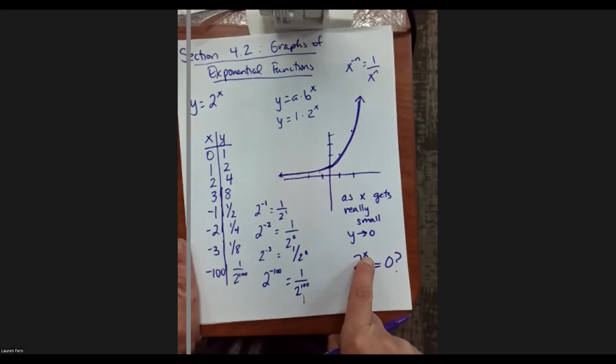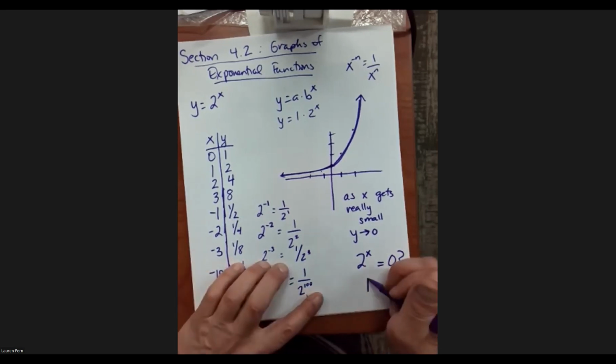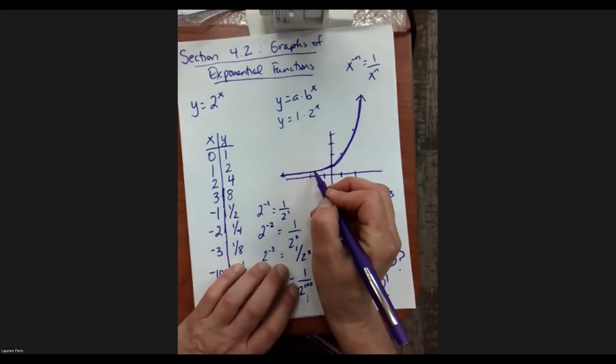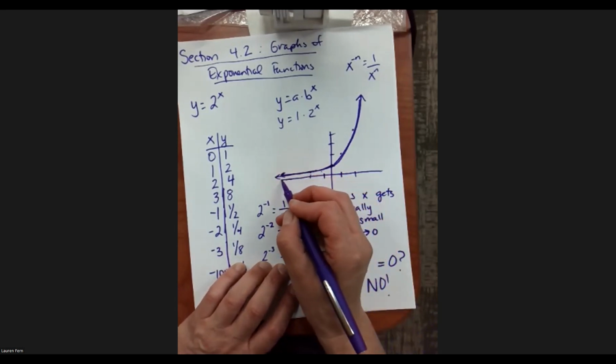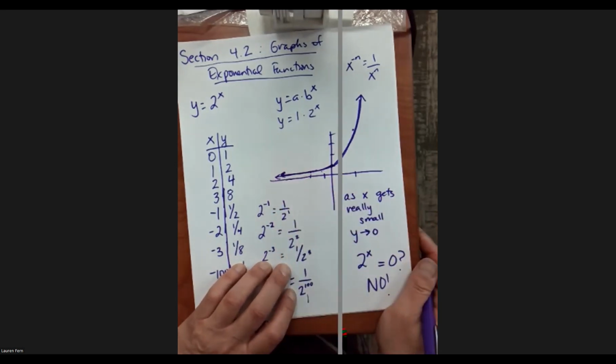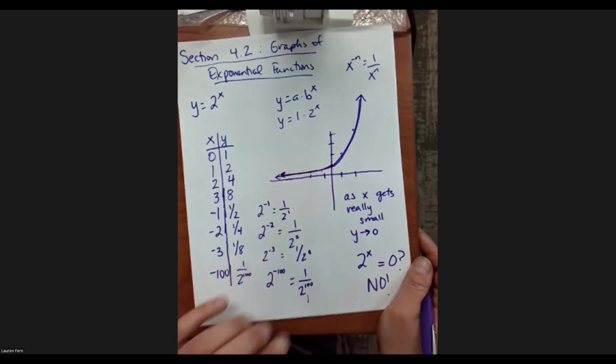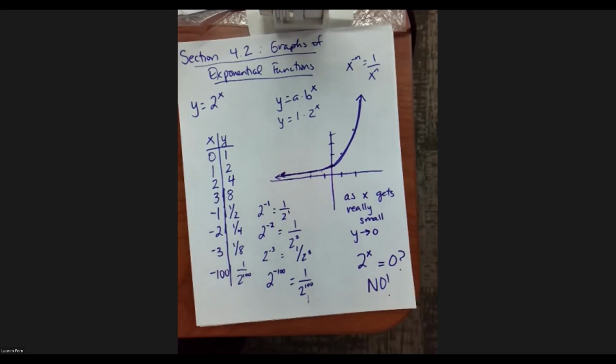It gets closer and closer to 0, but it's never actually equal to 0. So what we say is as x gets really small, our function values are approaching 0, but they never actually equal 0. We have a name for this, and we'll talk about the name later. Okay.